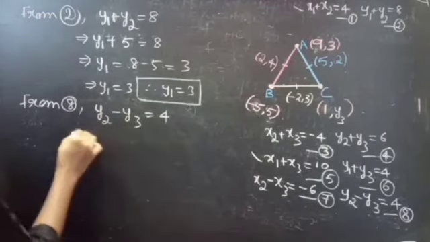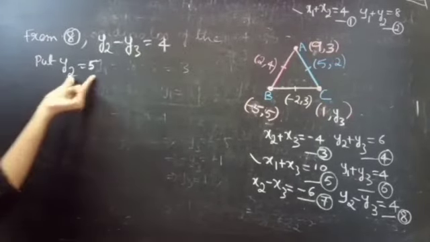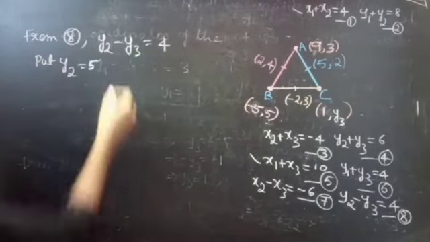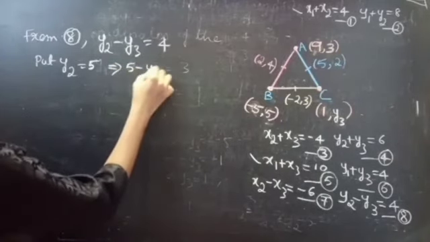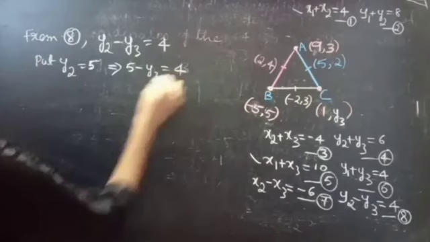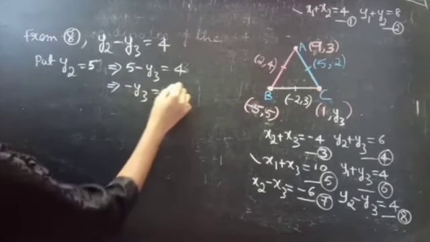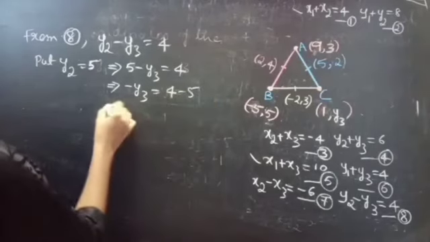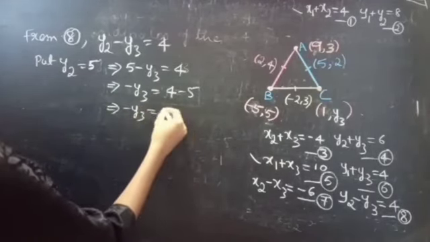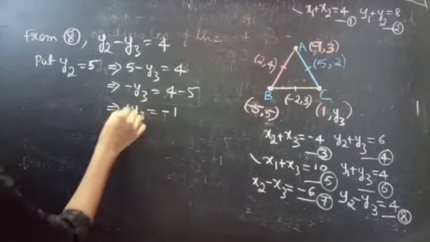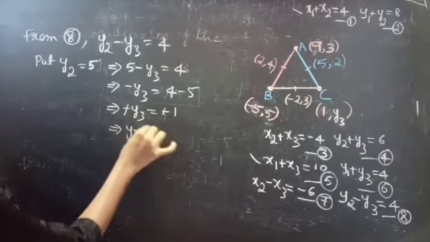Now put y2 equals 5 in equation 8. Then we'll get 5 minus y3 equals 4. From this we'll get minus y3 equals 4 minus 5, which is minus 1. Minus and minus get cancelled, and you'll get y3 equals 1.